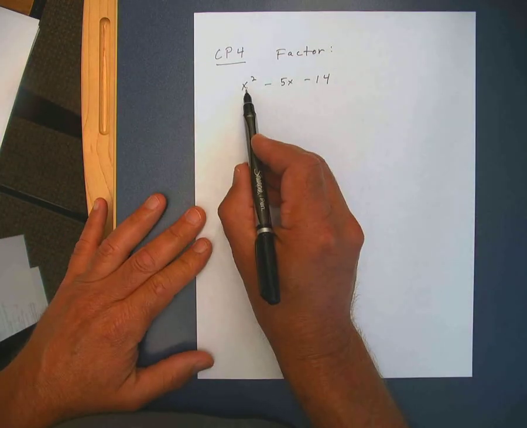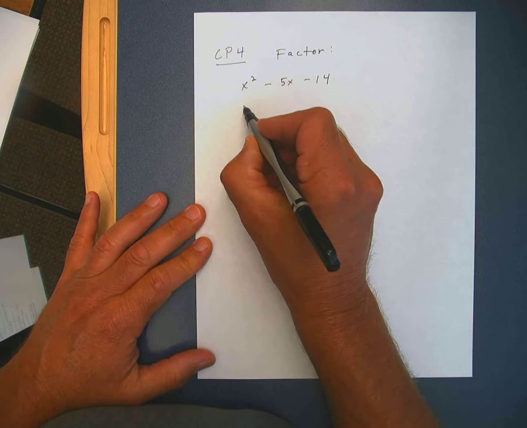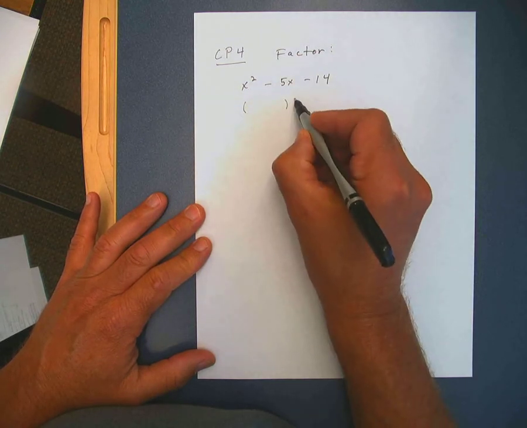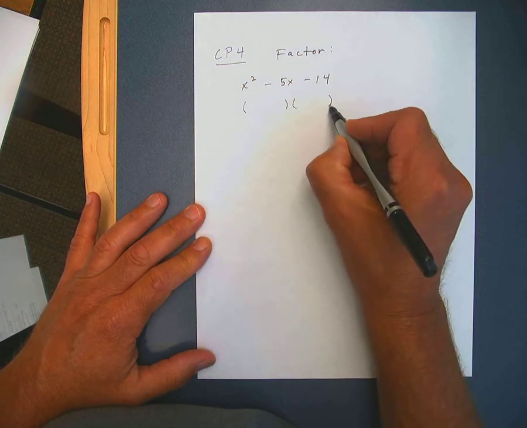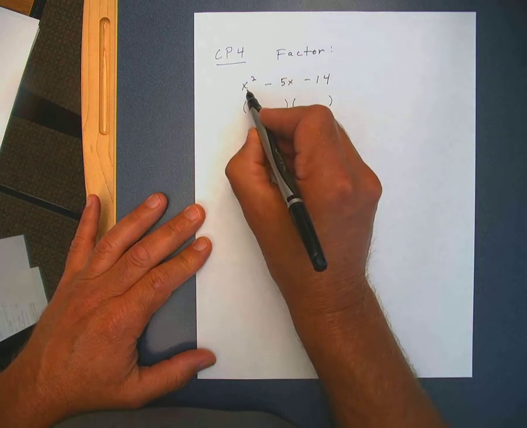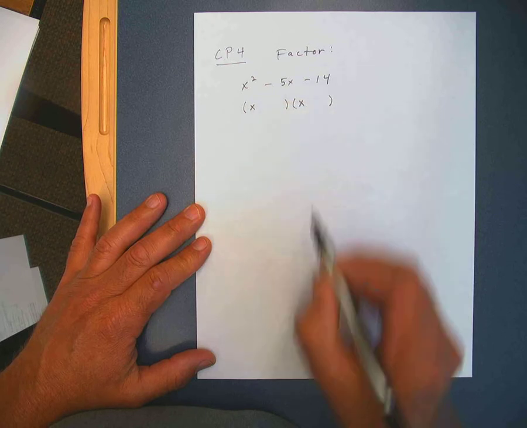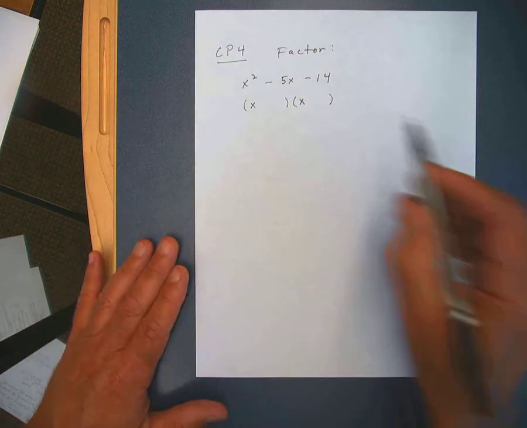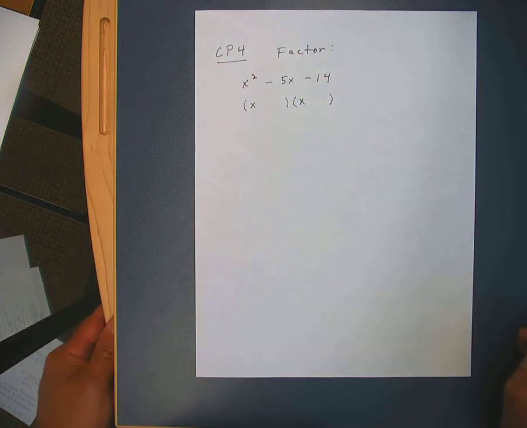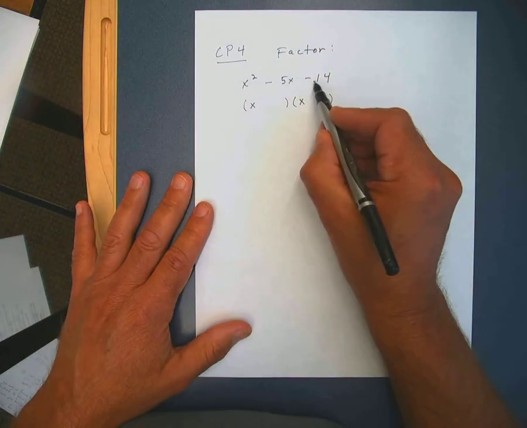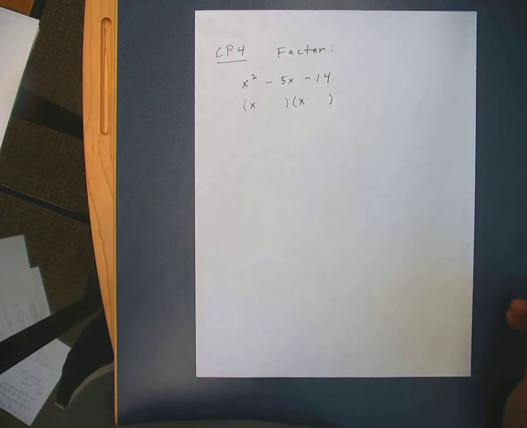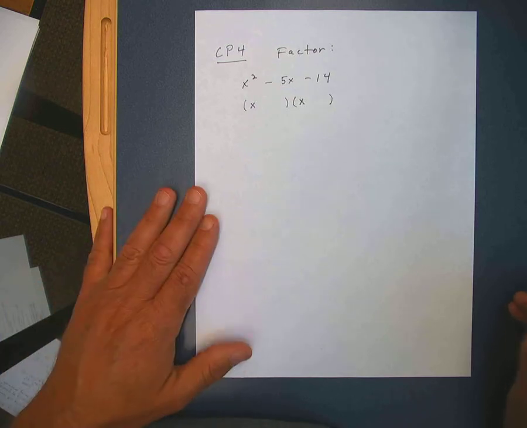So again, we want to try to factor this trinomial into two binomials, so I'll put the parentheses in right away. You know where you're going to get the x squared term from, x multiplying x and x. 14 we're going to get by multiplying factors of 14, or it's negative 14, so you have to consider, I guess, a few more possibilities.